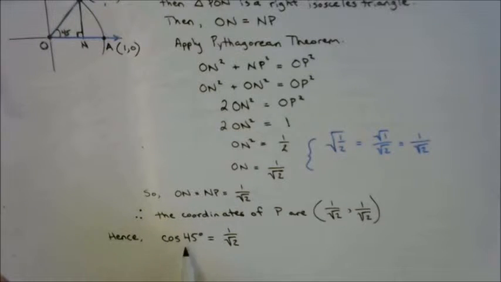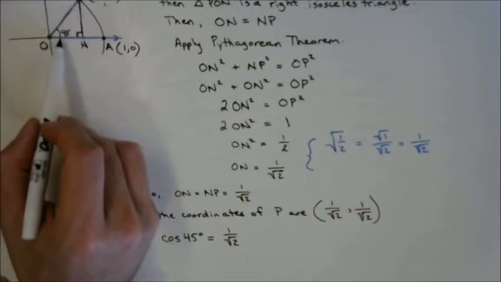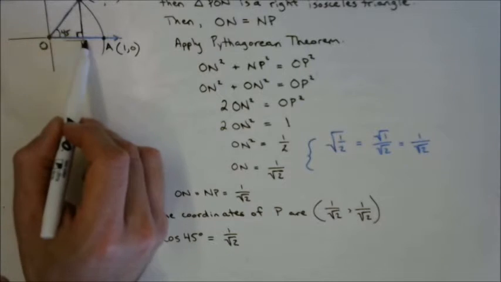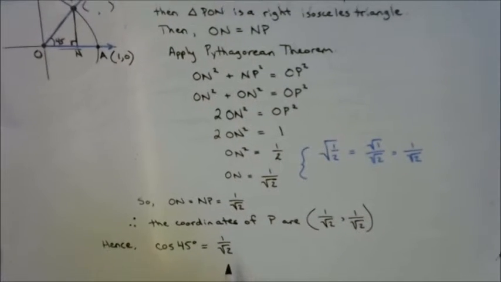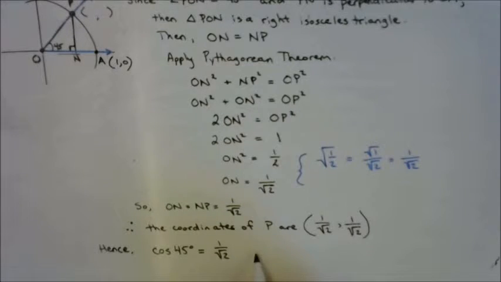In this case, the angle is 45, and we know that ON is 1 over the square root of 2. We also know sine of 45. Since x and y are the same, the cosine of 45 and the sine of 45 are also the same. So it's 1 over radical 2.